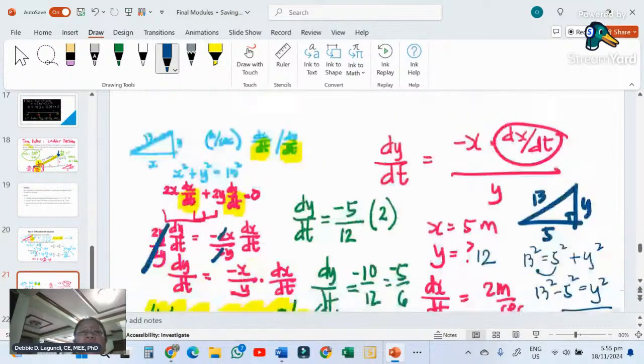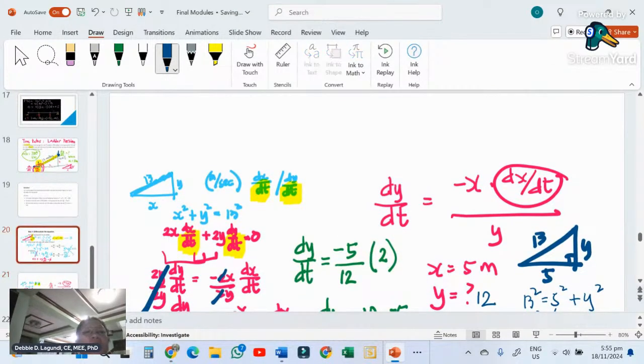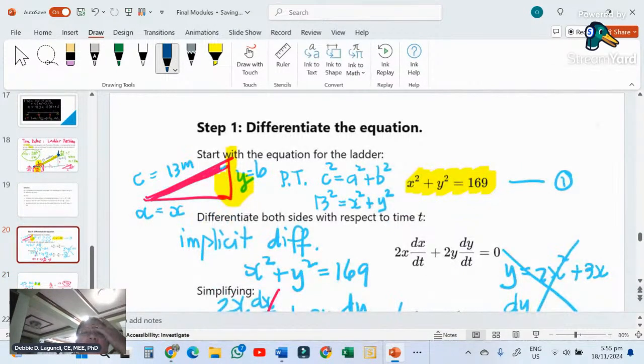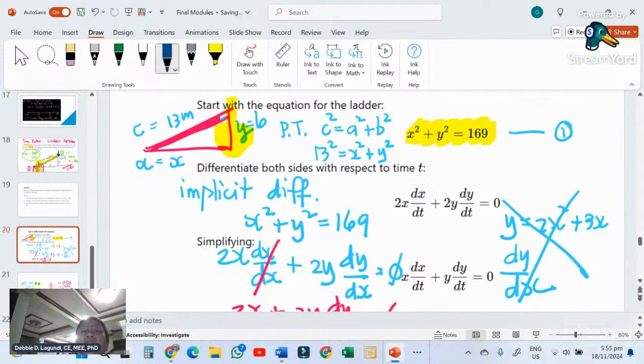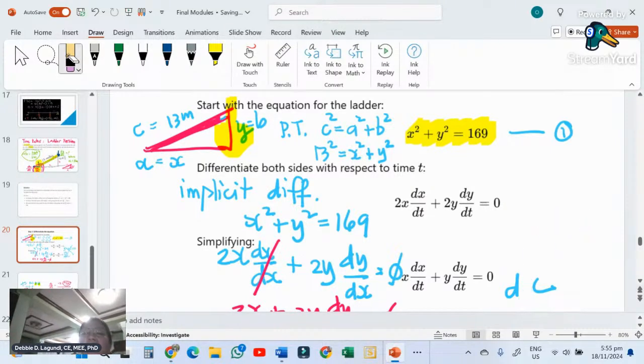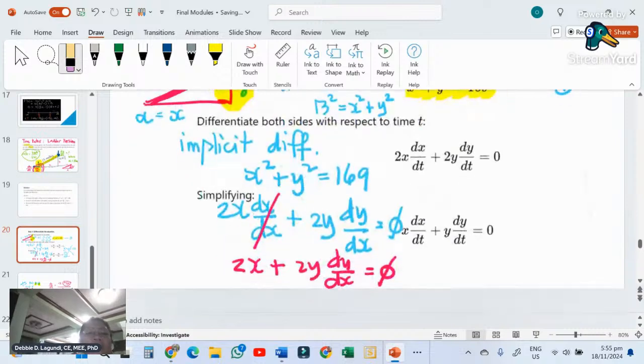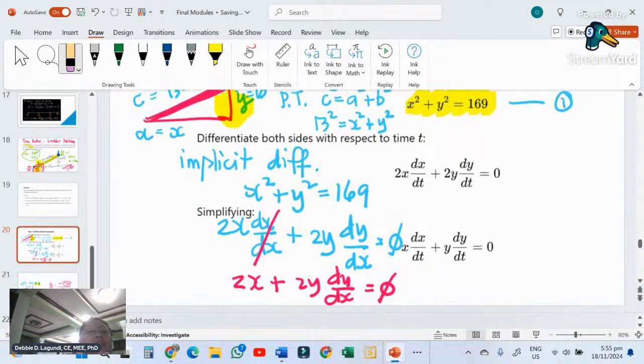Let's go into wrap it. So number one, you have to set your Pythagoras theorem. Okay, x squared plus y squared is equal to whatever is the length of the ladder. And what's next is you're going to do implicit differentiation. That's number two. You have to do an implicit differentiation in terms of time, not in terms of x anymore.